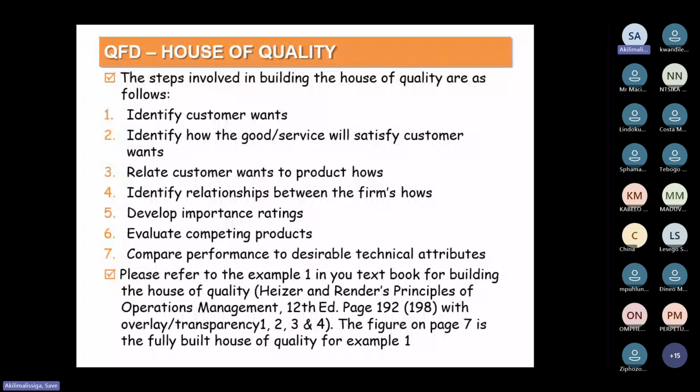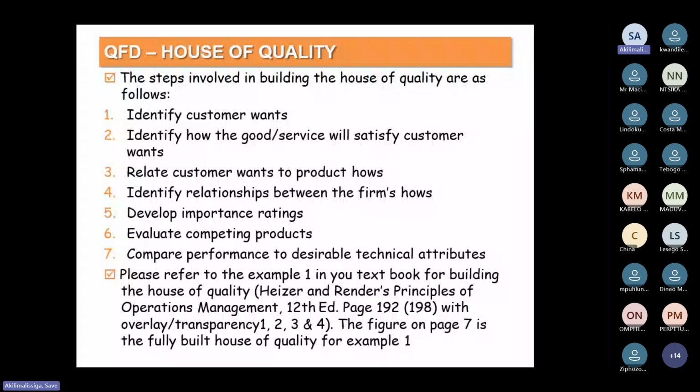Develop importance ratings. So you have to rate the customer requirements or customer wants, but we'll do that. Don't worry, guys. We're going to break this down. From the House of Quality, you'll be able to understand what I'm talking about here. Now, evaluate competing products. This is what you also call the competitive assessment, comparing your current product with the competitors' products.